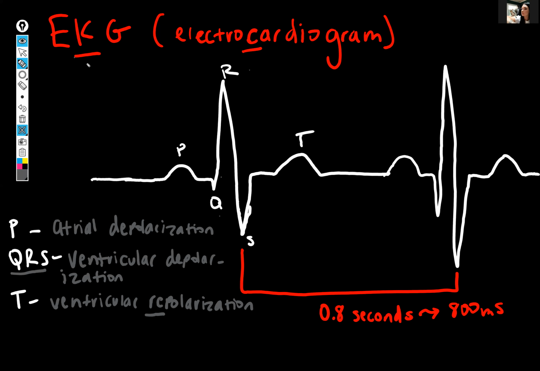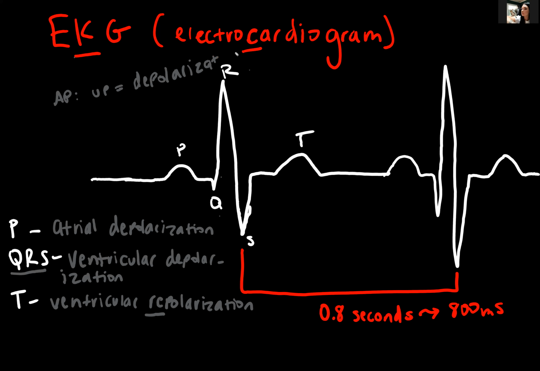And then suddenly you have to learn action potentials and that's far less chill. So in action potential land, up equals depolarization. And in action potential land, down equals repolarization.